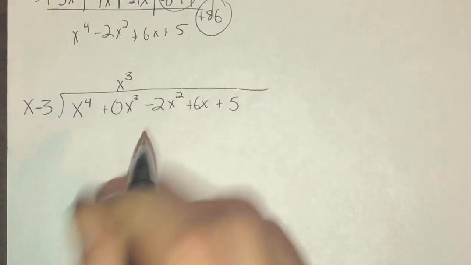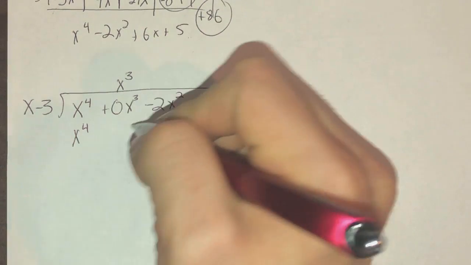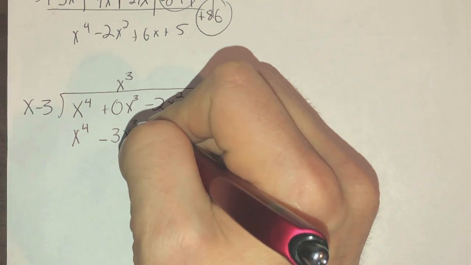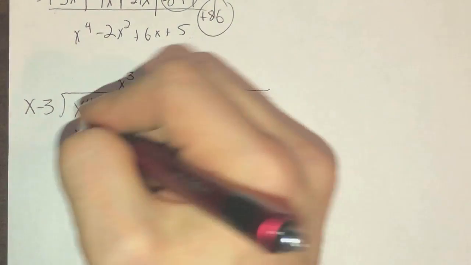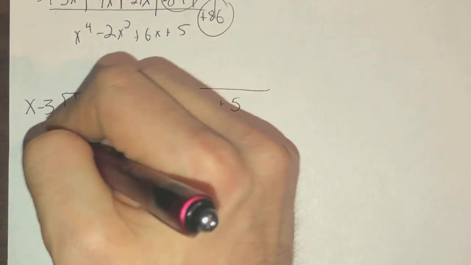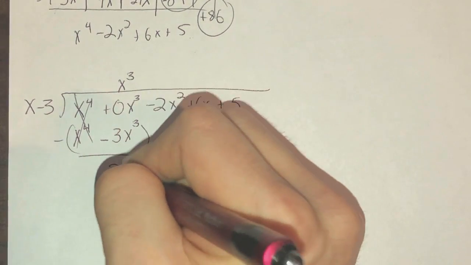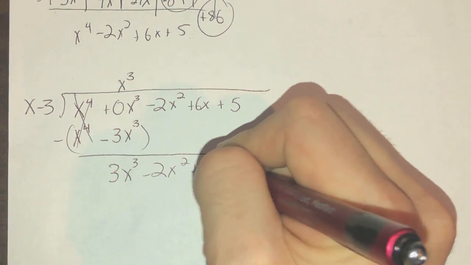That's x cubed, and that's why I drop in the 0. Multiply by both, that's x to the fourth minus 3x cubed. So I subtract, these cancel. 0 minus negative 3 is positive 3x cubed, and I bring down the rest.